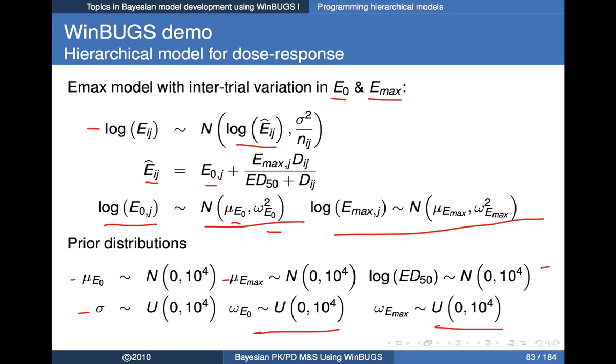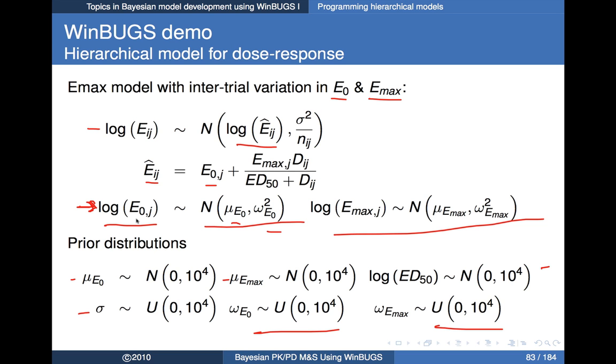That's what we're going to do. And how do we implement that in WinBUGS? Well, the first thing we need to do is keep in mind the indexing I've done here. So think of this as the ith treatment arm and the jth trial. So the inter-trial variation is only going to be sampled once per trial.